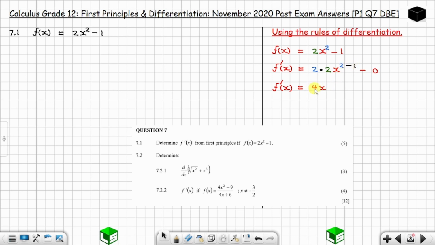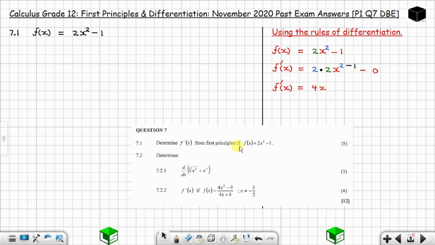So the final answer is 4x. Now you can see when taking f prime x using the rules of differentiation, the answer is 4x. But the question is asking you to use what?